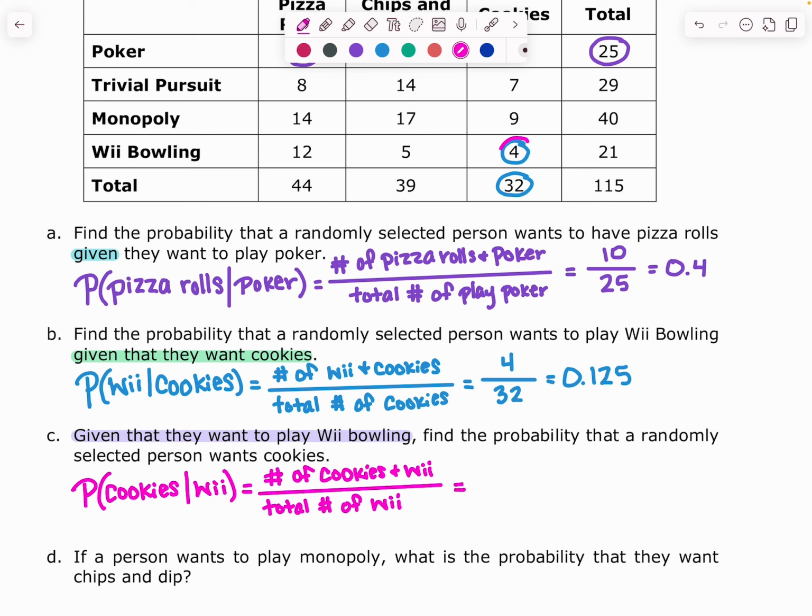Our numerator is 4 again, but this time it's out of the 21 that want to play Wii Bowling. So that is 0.1905.